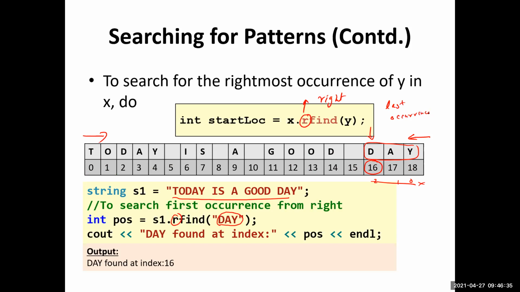You can look at it from that perspective: when you say find, it gives you the first occurrence; when you say rfind, it gives you the last occurrence of day. There may be many positions where this string is present, but the last occurrence is this one, at position 16. Now this is slightly tricky, so maybe we can discuss your queries related to the find function.